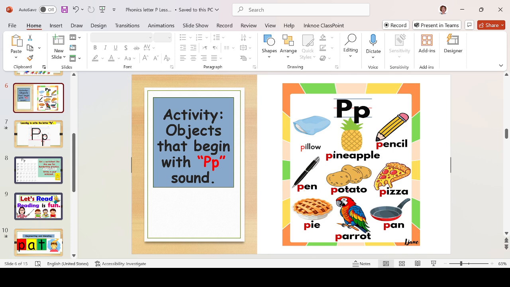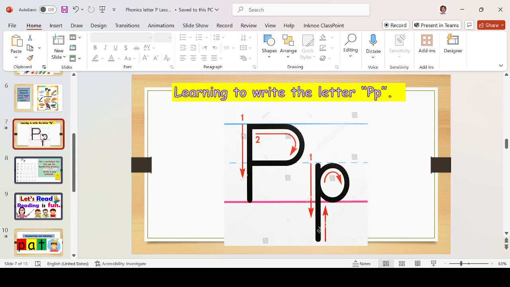All right, and potato, P for potato, and P for pizza, and P for pie, P for parrot, and P for pan. Very good. You can pause the video again and try to name the objects by yourself for more practice. And when you are done, we move on to learning to write the letter P sound.